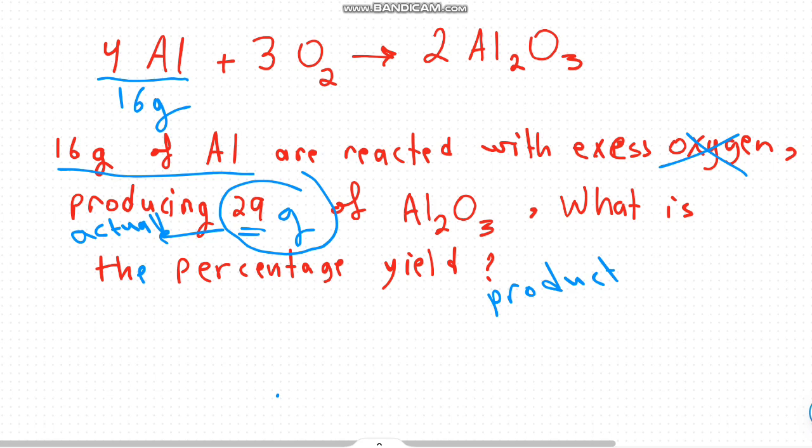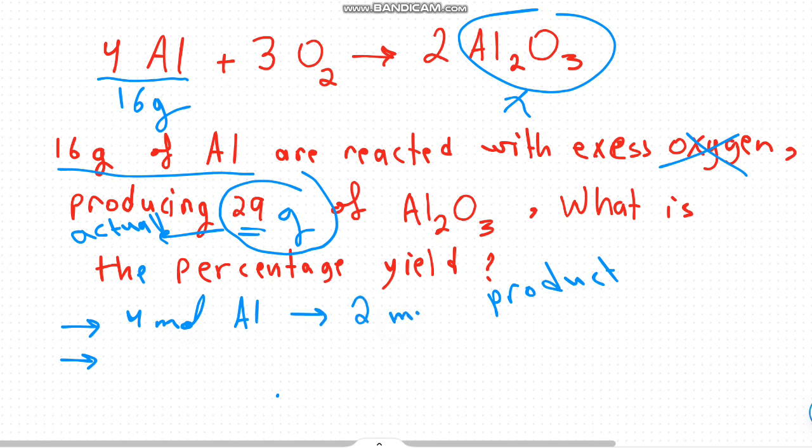Okay, let's do it. Again, we will do the ratio in 2 steps between the underlined and the circled one. 4 mole of aluminum gives 2 mole of aluminum oxide. 16 grams is not allowed, so we have to convert it. 16 divided by 27 is 0.6.